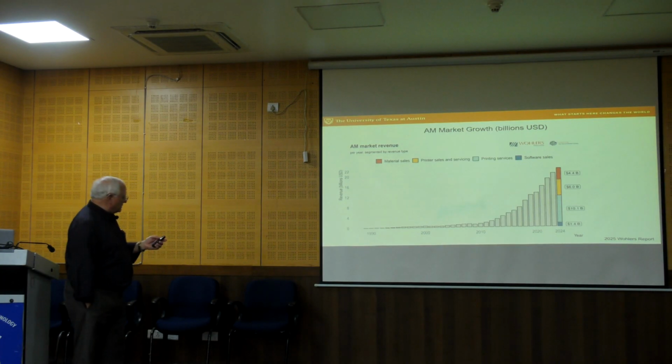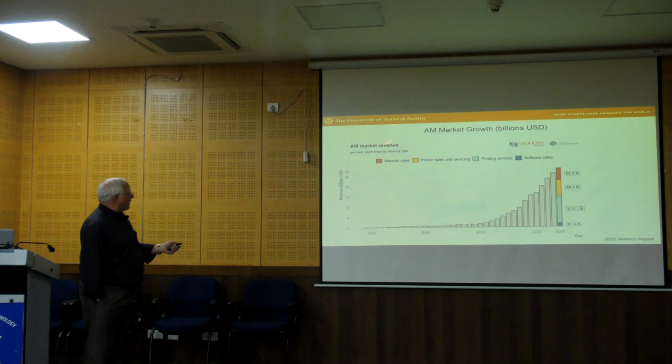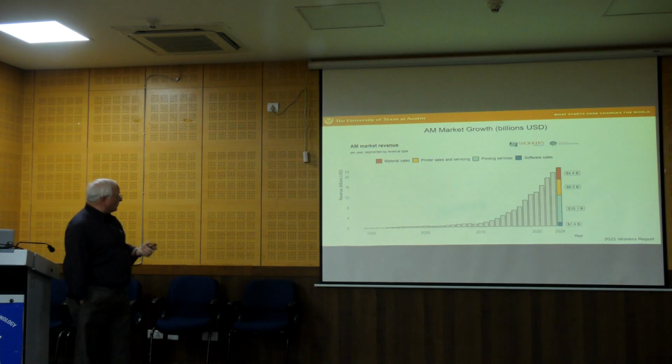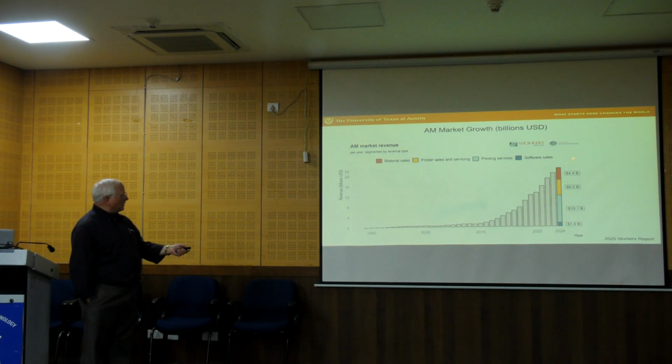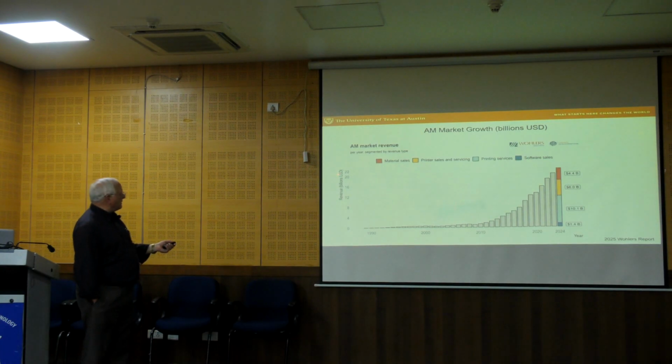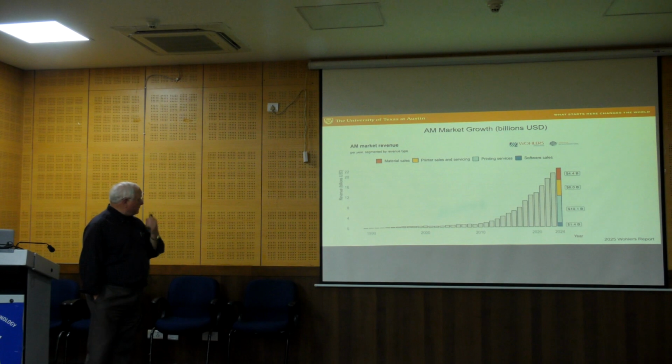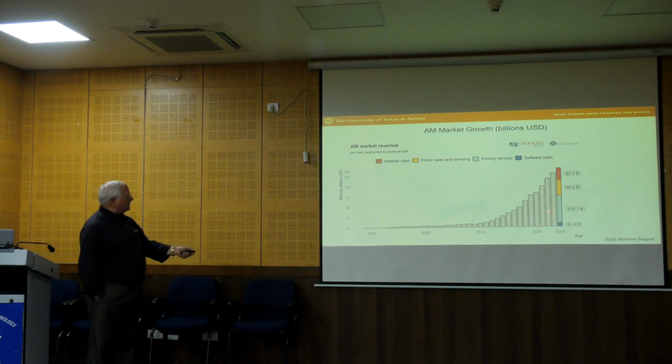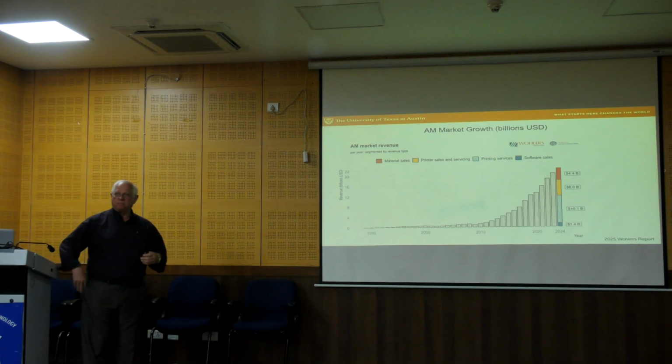This shows the market revenue from additive manufacturing worldwide. If we jump to 2024, which is where the last data are, we see that additive manufacturing is today about a $22 billion industry. It breaks down into these various sectors. About 10 billion in 2024 was from printing services, that's making parts.